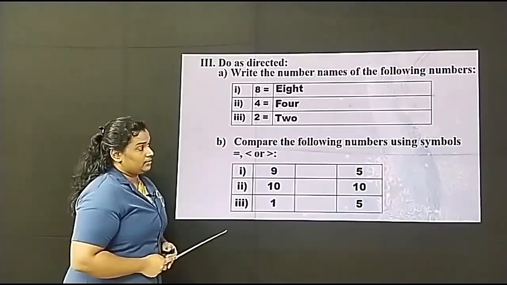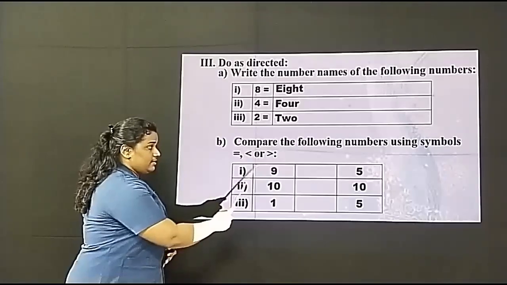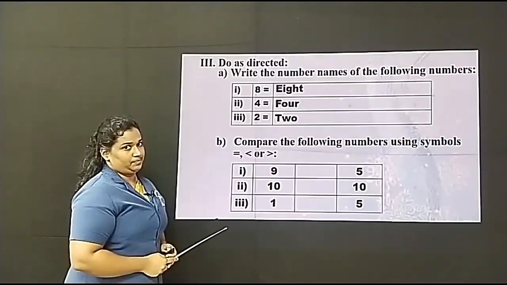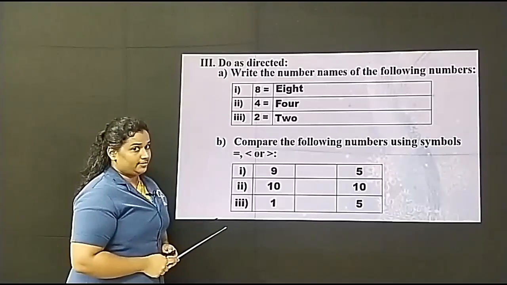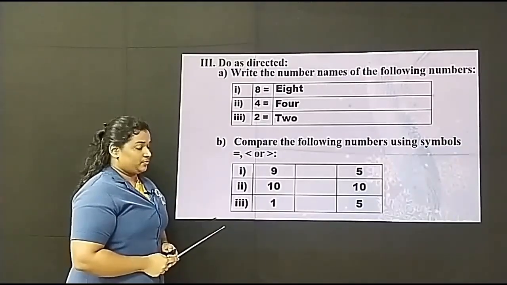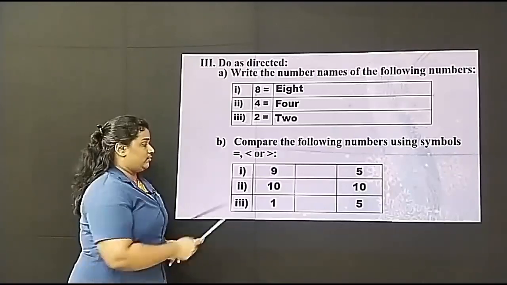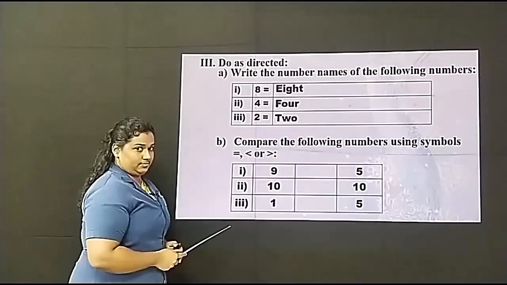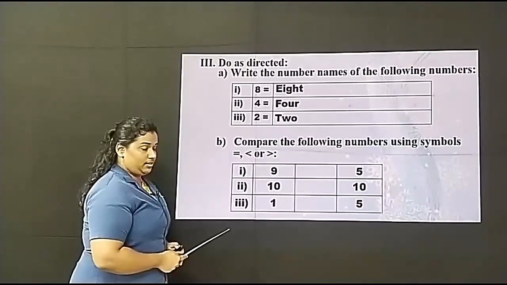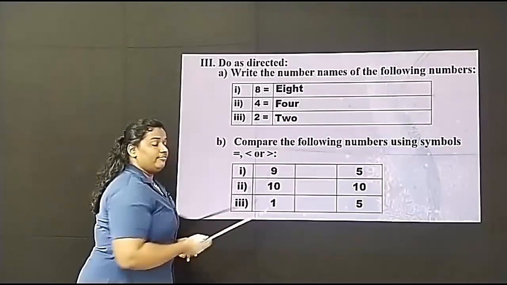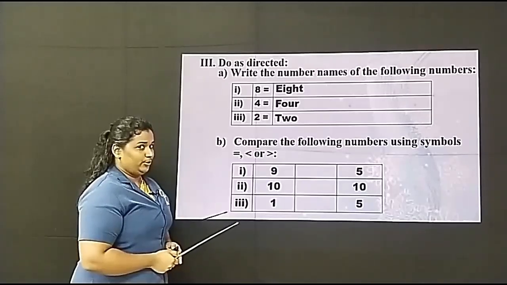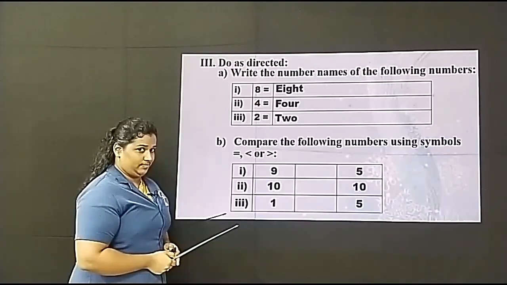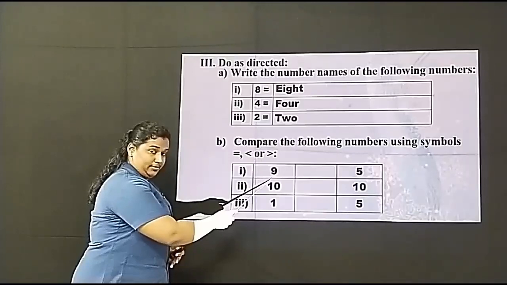Compare the following numbers using these symbols. You know how to use these symbols to compare the numbers. So, look at the numbers in question 1. Numbers are 9 and 5. Are they equal? No, they are not equal. Then, 9.